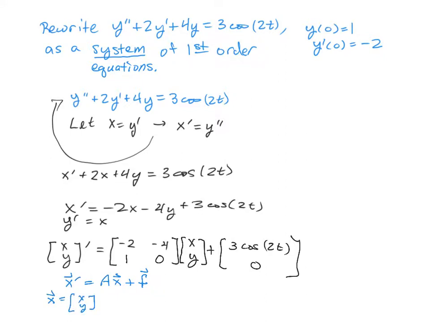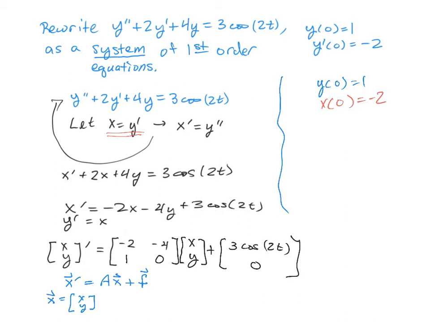For our initial conditions now, we will notice that y of 0 is still equal to 1, but remember that our y prime is the same thing as x. So instead of y prime of 0, it's actually x of 0 that's equal to negative 2.